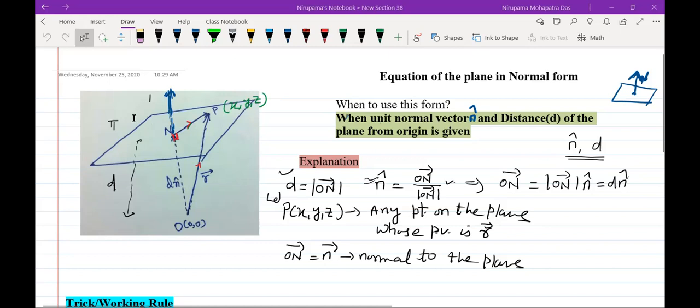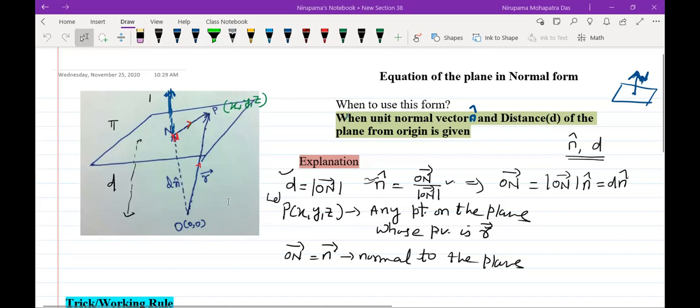If we drop many perpendiculars, in vector language all these perpendiculars will be in the direction of the normal. So we consider the normal to be unique, right? Any perpendicular will be in this direction, and since we are studying three-vector cases, that can be taken as the normal to the plane.